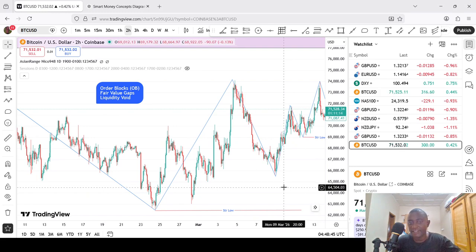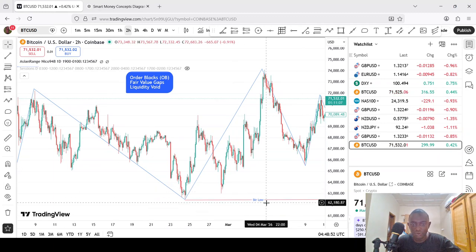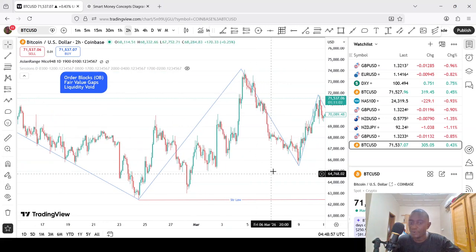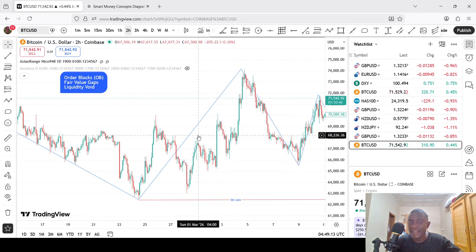Always try and identify from the chart. So whenever we take a swing point, let's take this one for instance, whenever we take any swing point, you always consider the last candle. If price was coming down, the last candle that took price to break the last high, you get it? That point becomes an area of interest.